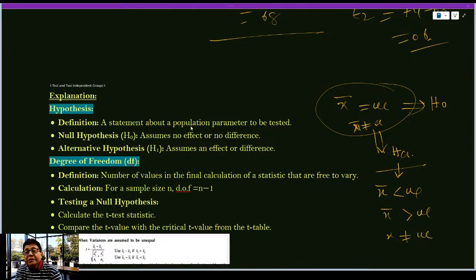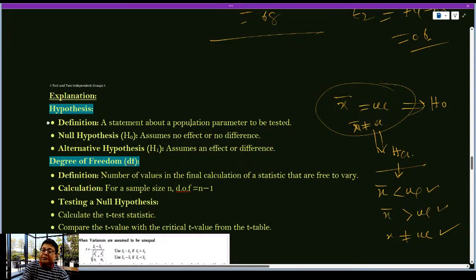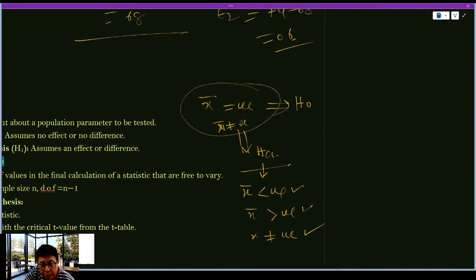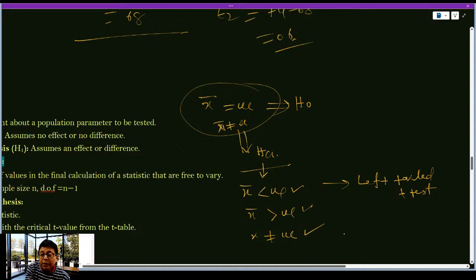So x bar equal to mu is the null hypothesis, this is the alternative hypothesis, and in three different ways we will decide whether mu equals x bar or not. For this one, we go for a left tailed t-test.